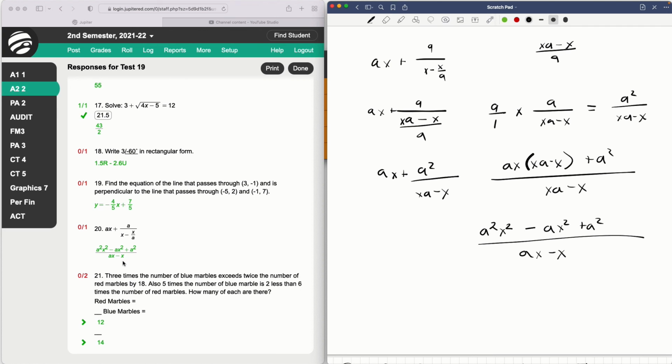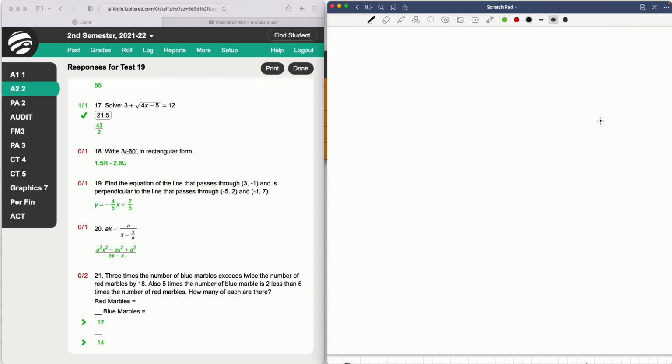3 times the number of blue marbles exceeds twice the number of red marbles by 18. So twice the number of red marbles plus 18.